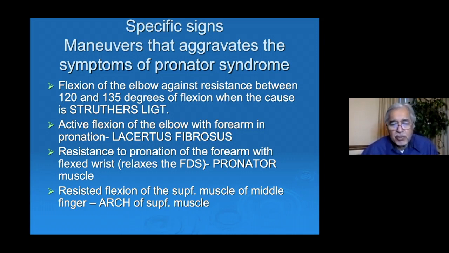And the arch of the superficial muscle compression is tested by resisted flexion of the superficial muscle of the middle finger. So this limited test gives us some idea which part of the median nerve is compressed and what could be the cause of this pronator syndrome, which has almost 4 segments of compressive sites.